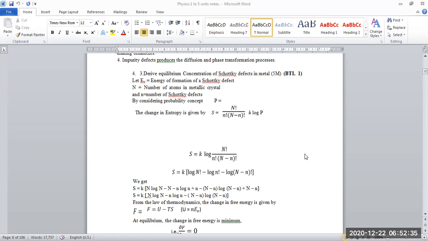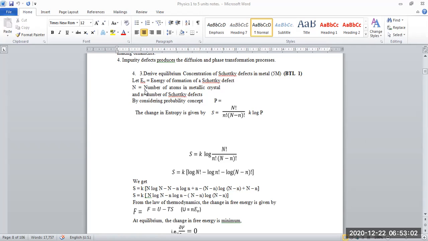For that, we consider a metal in which the energy of formation of a Schottky defect is denoted by E suffix V, and N is the number of atoms in the metallic crystal.